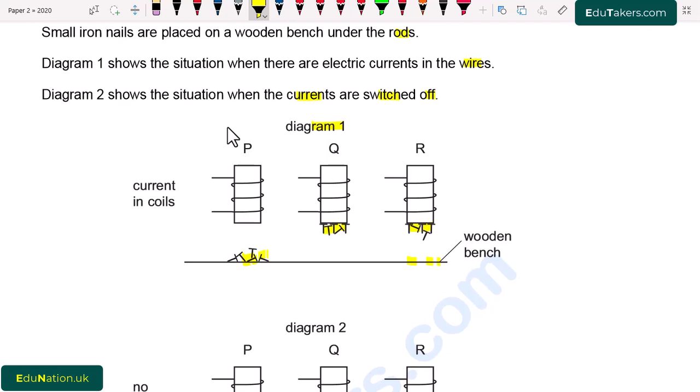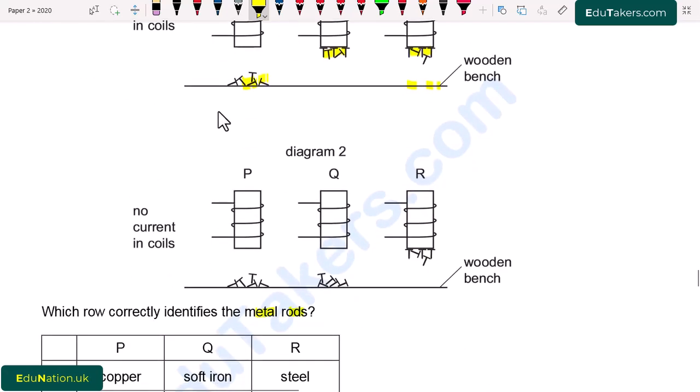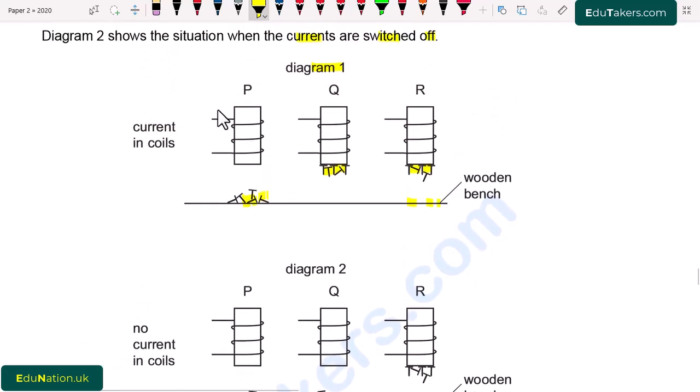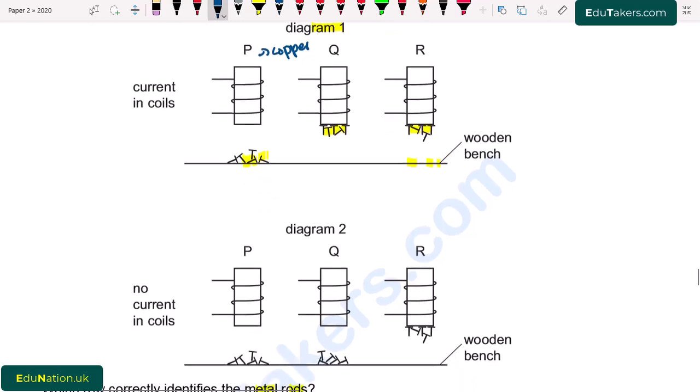So both of these are magnetized, but P is not magnetized, which shows that P is copper. So I write here P is copper. Next we have to identify between Q and R which one is steel and iron.